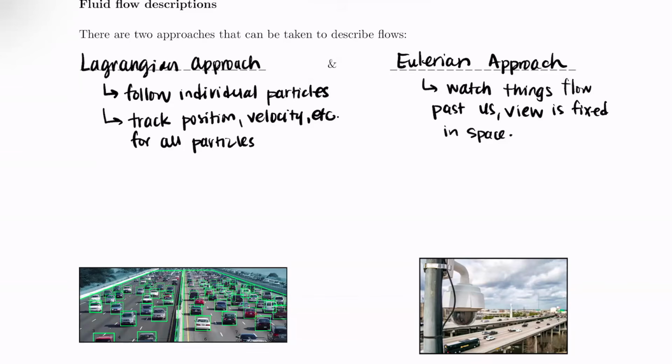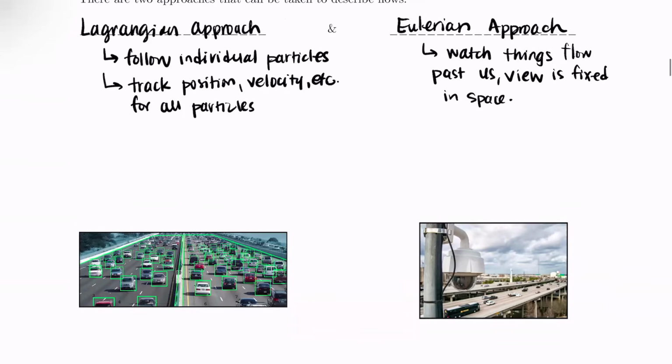So for a fluid, does anybody have any thoughts on which of these approaches might be more convenient or better? The Eulerian one? Yeah, Leo says Eulerian, and I agree.